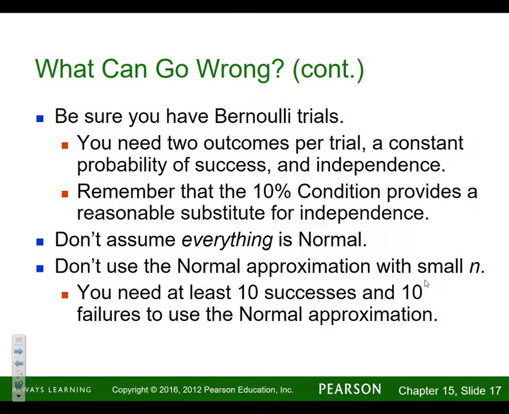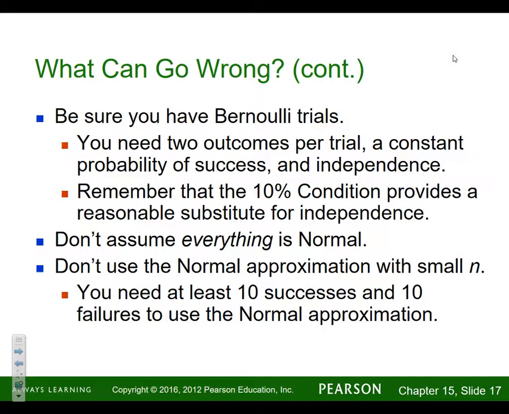Bernoulli trials, make sure that you're using those rules. And how many rules do Bernoulli trials have? 3, and if it's binomial, you're going to go 4. You need to include those. And what are they? Two definite outcomes, success or failure. Fixed number of trials.